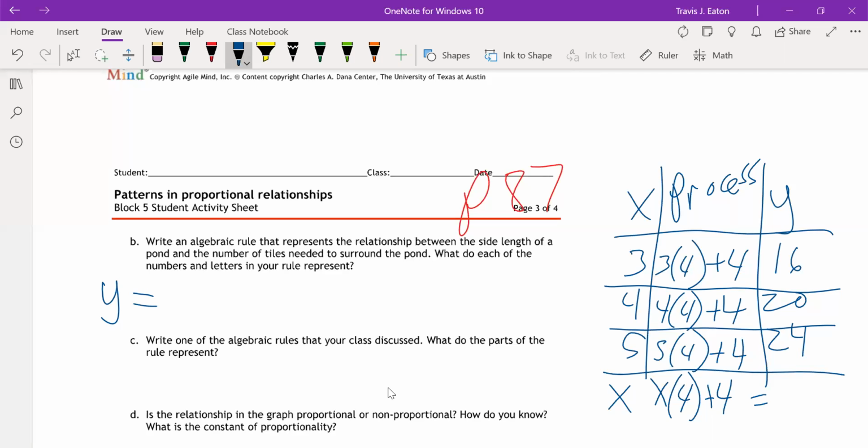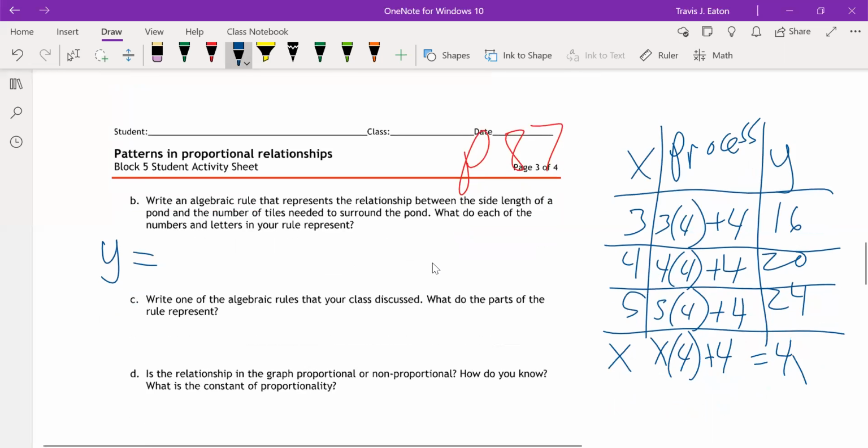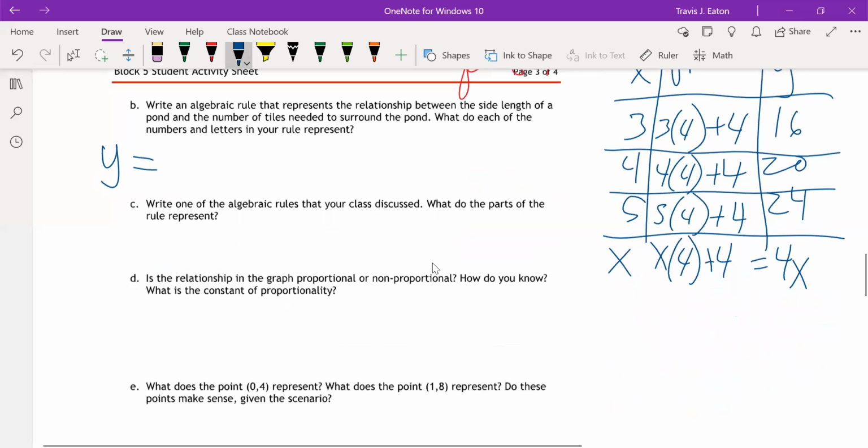So what that means is, in order to find y, we have to multiply x times 4, which is 4x. Let me scroll up a little bit here. 4x, and then we have to add 4 to that. And that is how we would get our y value.